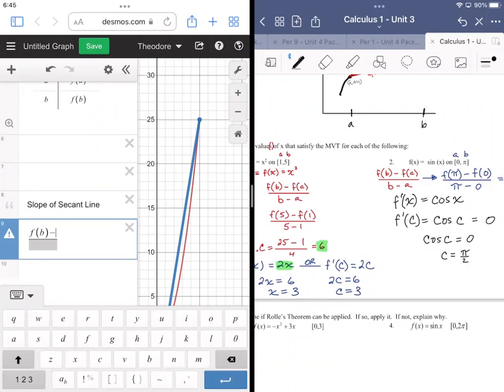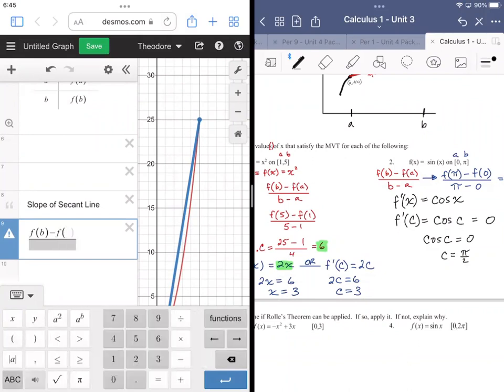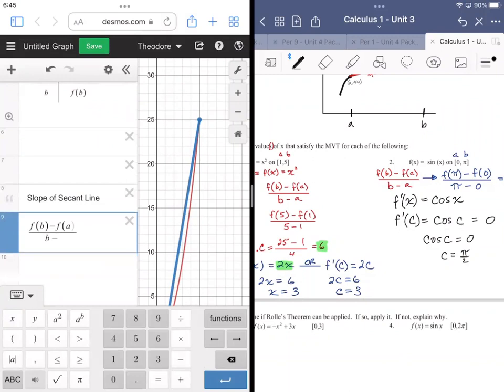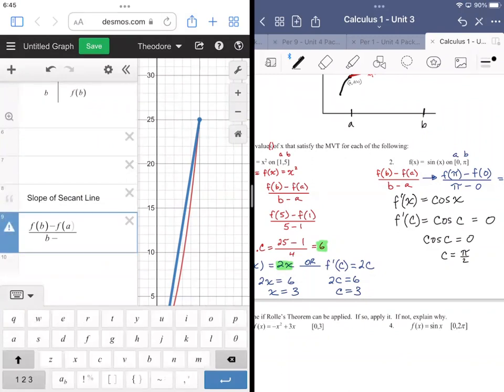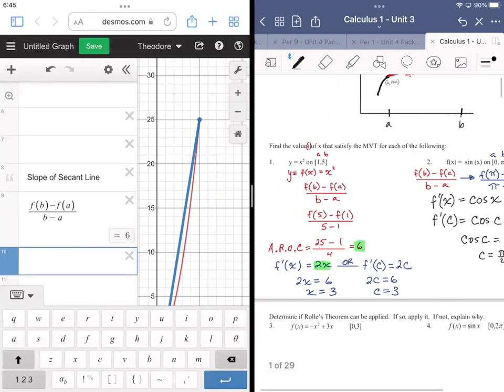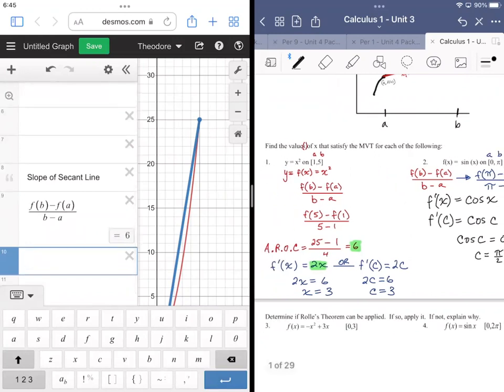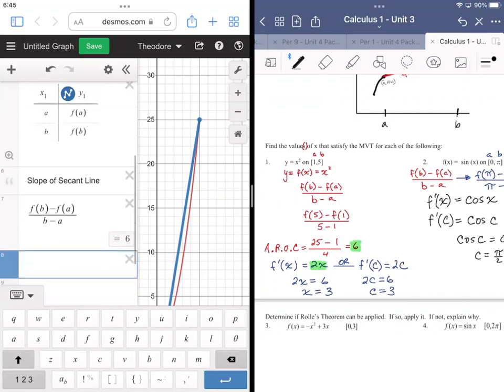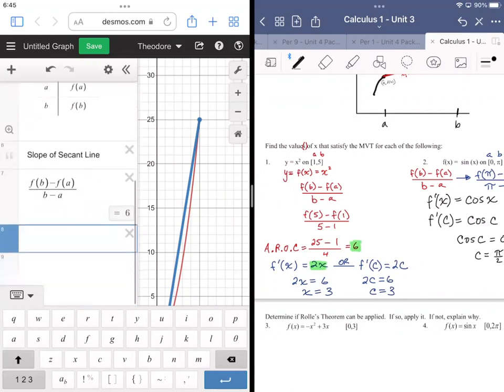Minus F of A over B minus A. So that gets me the 6 that we came up with when we did the problem together. Got all these extra lines here that I don't need. All right, so I have my slope of the secant line.